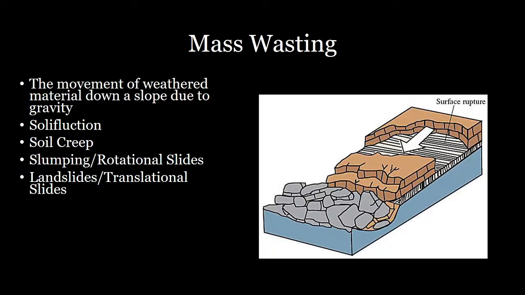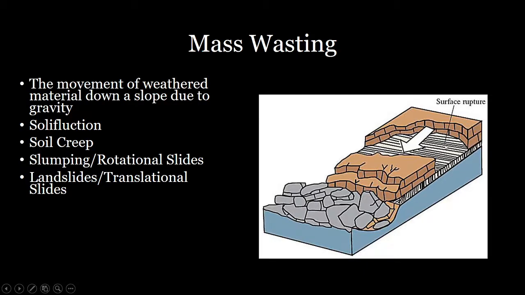Next, we can have landslides or translational slides. So this occurs when you have a fairly cohesive layer that can't deform the layer below it. It's a fairly cohesive layer below it. And so instead of rotating, it'll just slide down along this rupture surface.